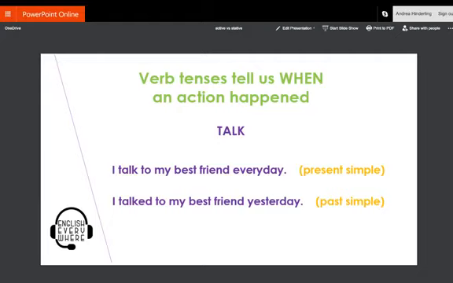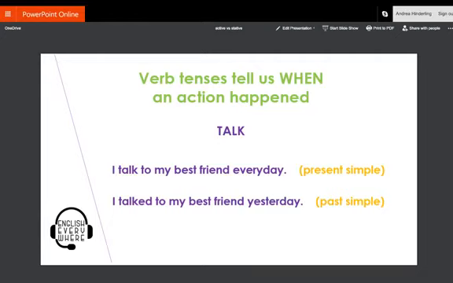Again, yesterday is a time marker. So it tells us when the action happened. So there are two things in this sentence that help us know it's the past simple. And we know that past simple are actions that happened in the past that are completed, finished, over, done. Yeah? So I talked to my best friend yesterday.